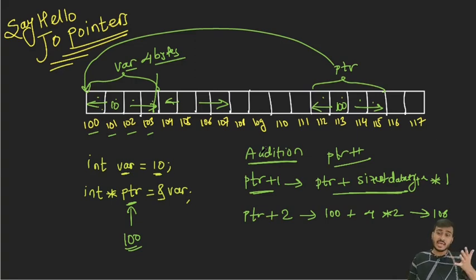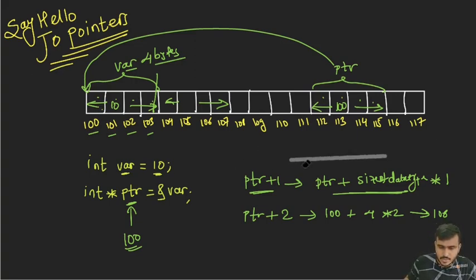If ptr is of type char star, then ptr plus plus will make it 101. So in this way it will work. I hope now you are clear with the basic idea about how the addition operation works on the pointer. Let's move ahead and see how the subtraction operation will work on a pointer.